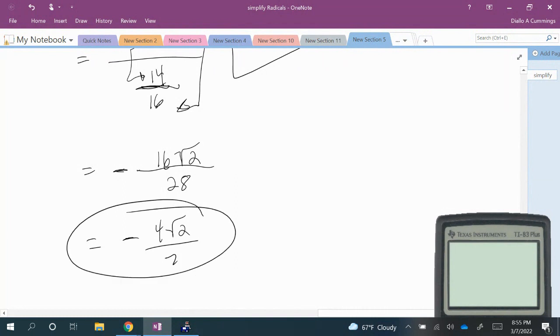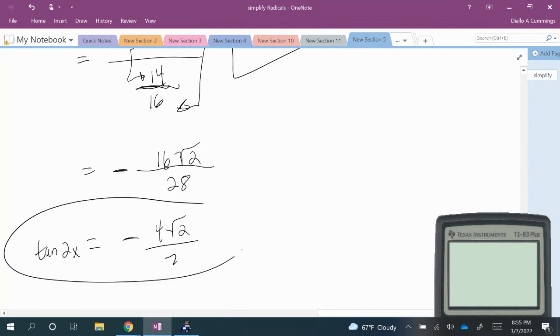And this is the double angle for tangent. On most of the double angle problems, there is a fair bit of algebra in the background.